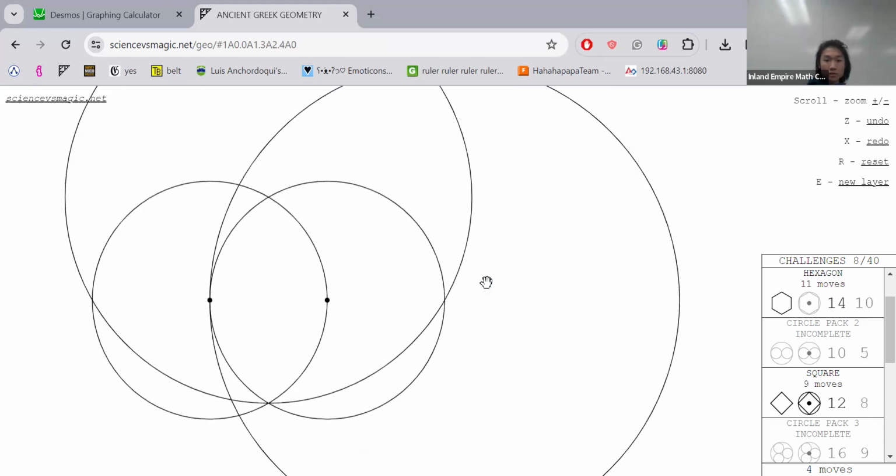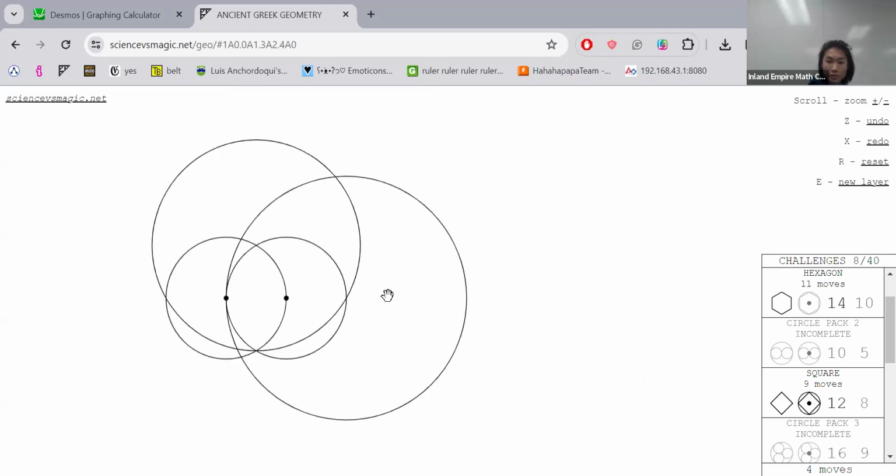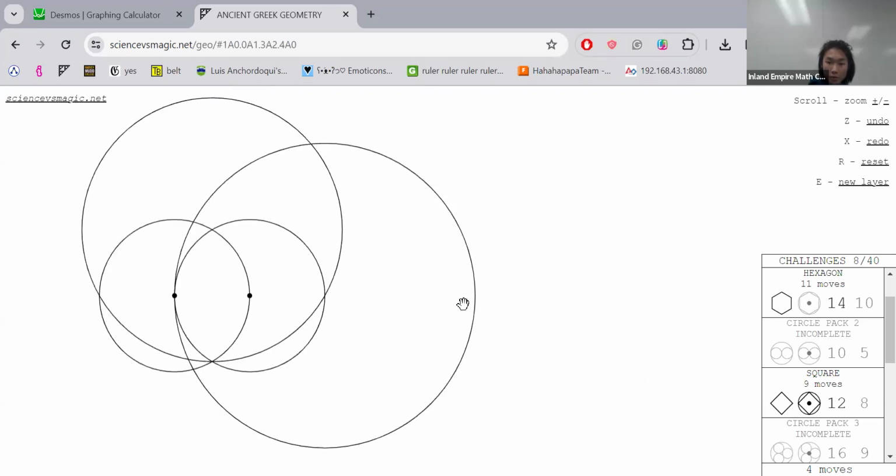So there's one of the middle circles. Now we're going to create a second one. Should be done. So we have one of the circles in the middle. I want to get to another point somewhere over here before I can draw a line to connect that.